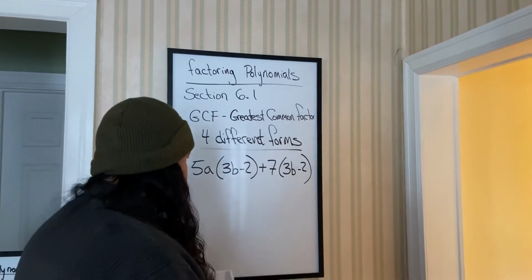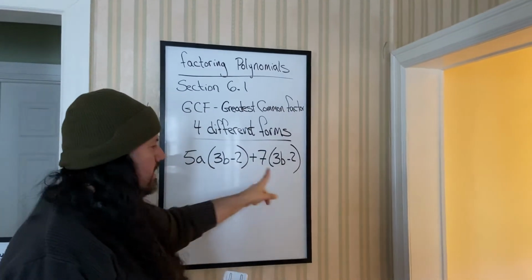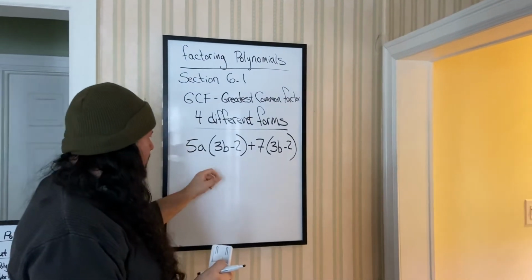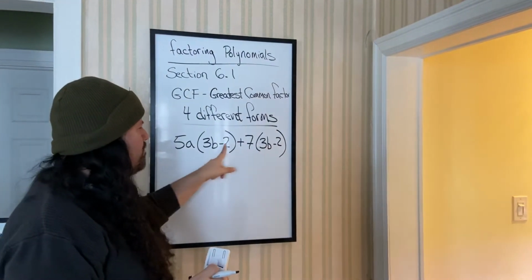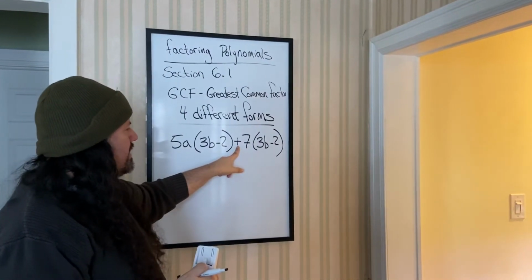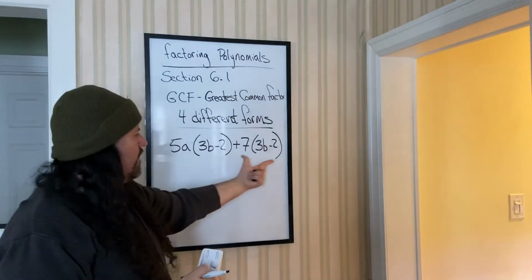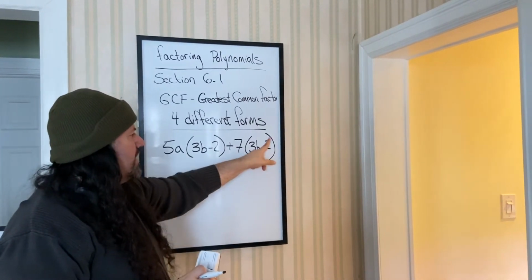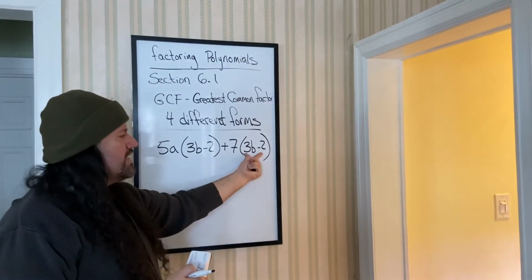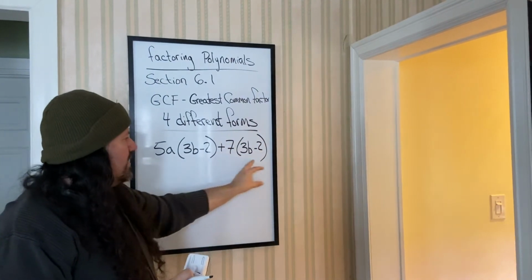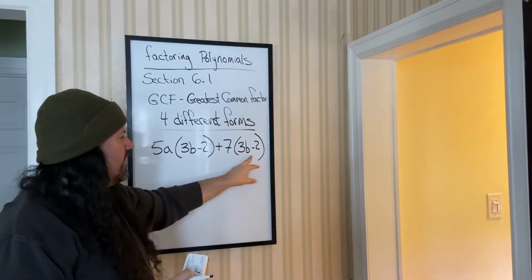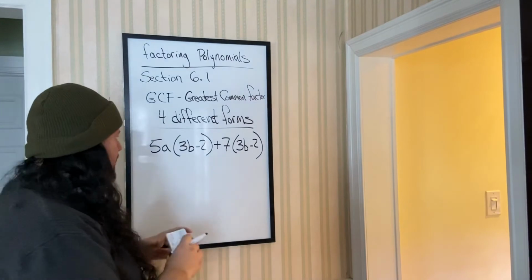So here is technically a binomial. You might be saying, well, wait, I see lots of pluses and minuses. Well, this plus separates this from this. This minus, because it's part of the parentheses, is still considered one term, everything from the parentheses and what's multiplied.